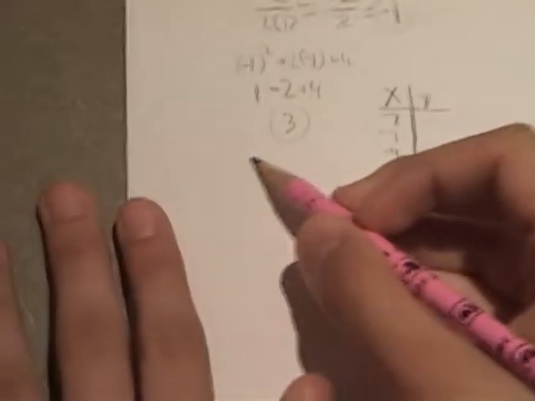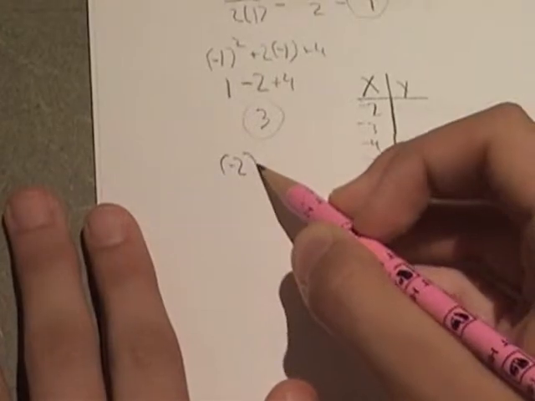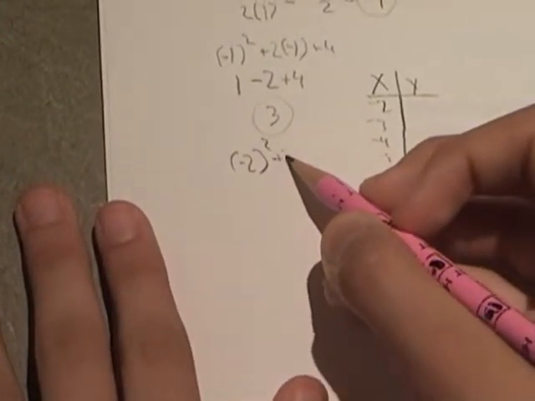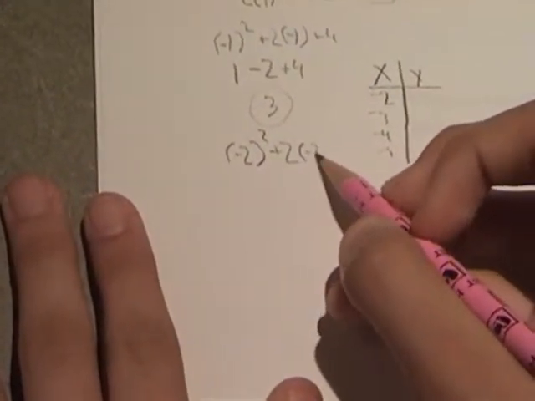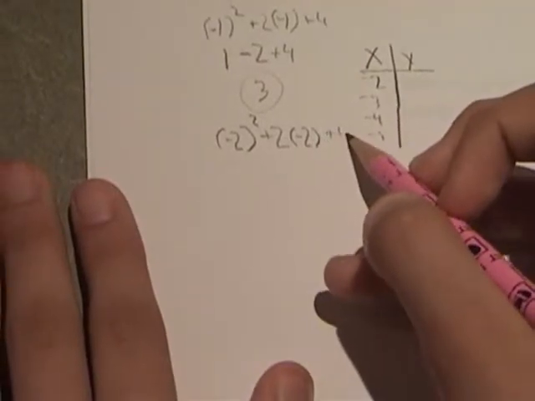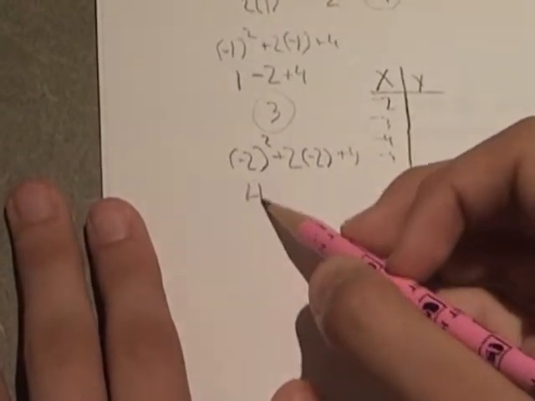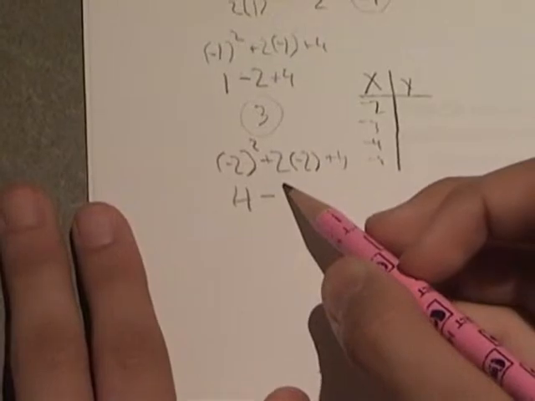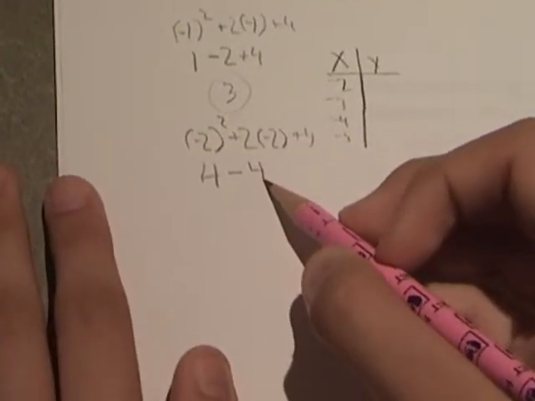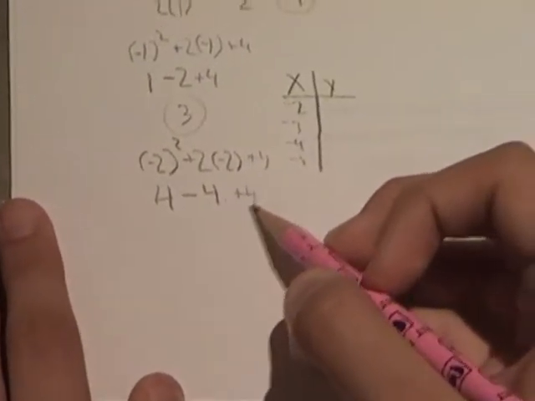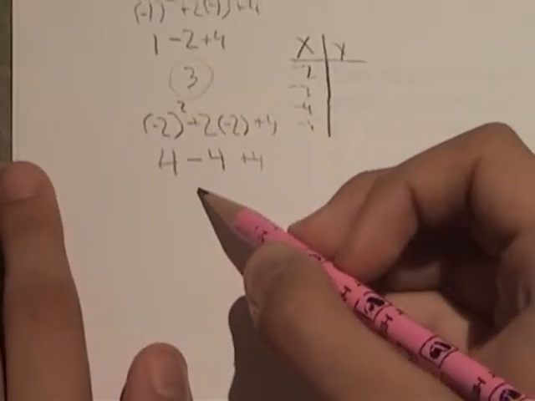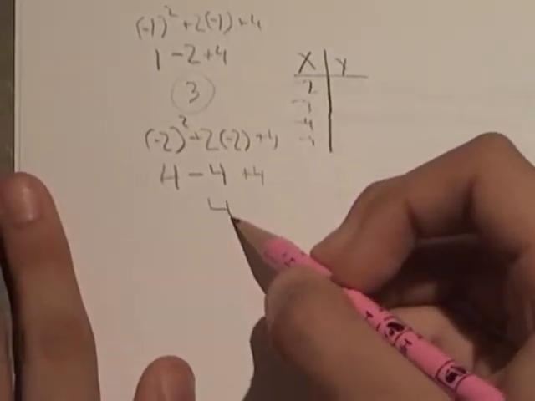Okay, now plugging these in, negative 2 squared plus 2 times negative 2 plus 4. So 4 minus 4 plus 4. That evens out to 4.